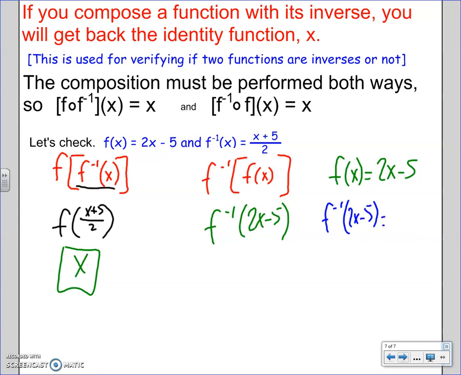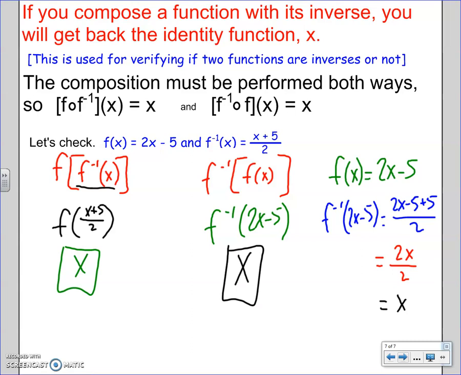So I'll have (2x minus 5 plus 5) over 2. If I simplify the top, the minus 5 plus 5 cancels out, leaving 2x over 2, and 2x divided by 2 is just x. So that's also x. So if you compose them both ways, they go back to just x, where you plugged in. So for inverses, order does not matter.